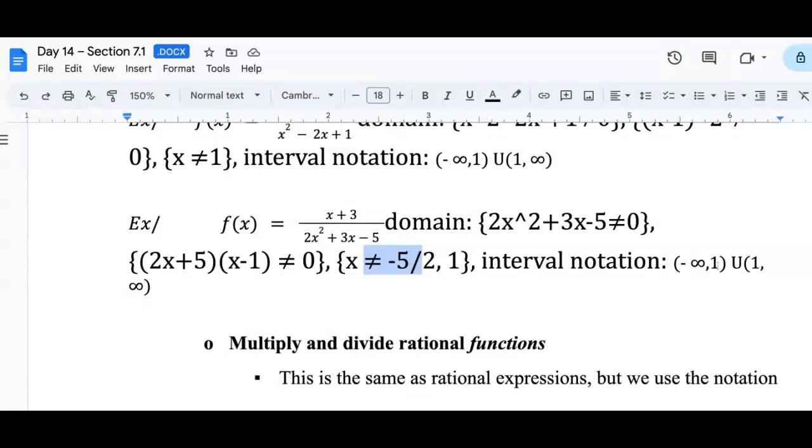So using interval notation, that's negative infinity up to negative 5/2, union negative 5/2 up to 1, then union 1 up to infinity. We split into 3 intervals to get rid of 3 values: 0, negative 5/2, and 1.